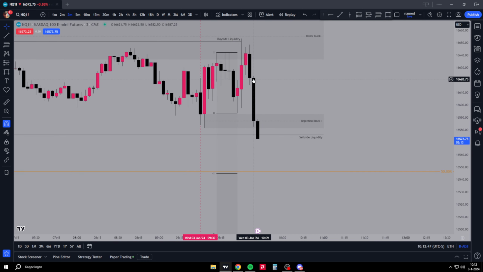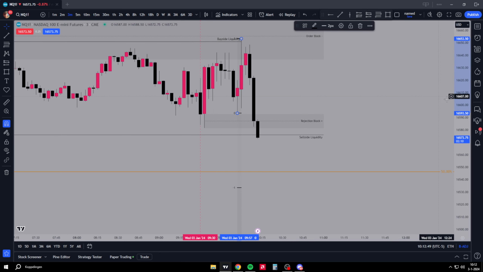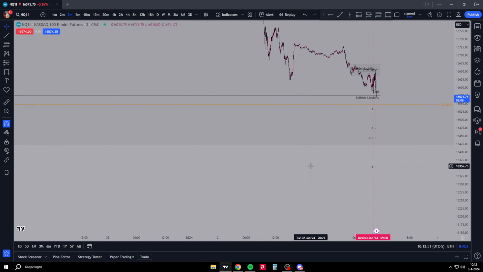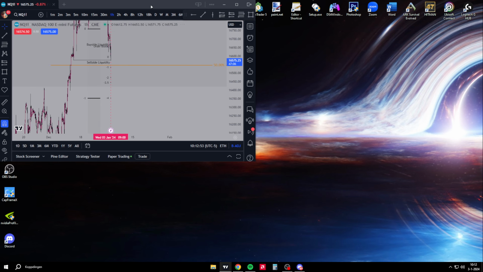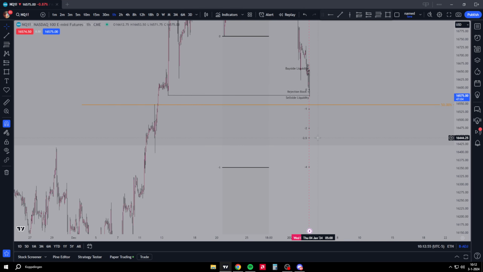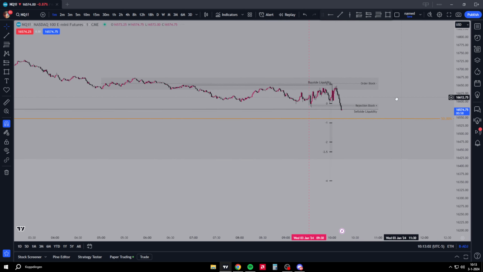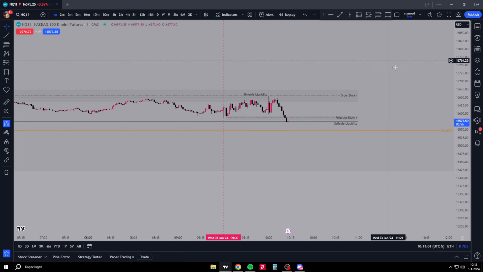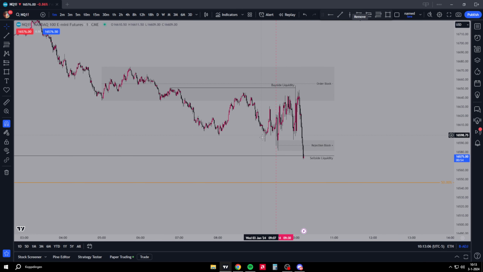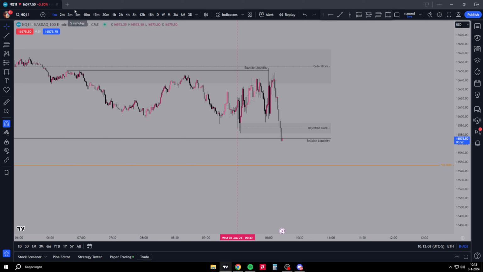So liquidity. Not really. It's low, but not really. Alright, you take sell side now. So yeah, that is literally what I said was going to happen.